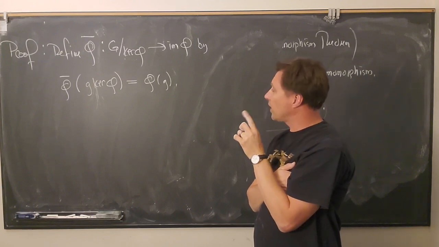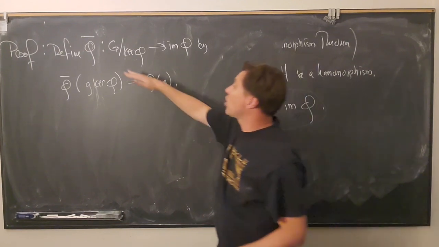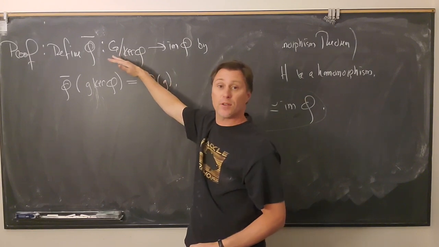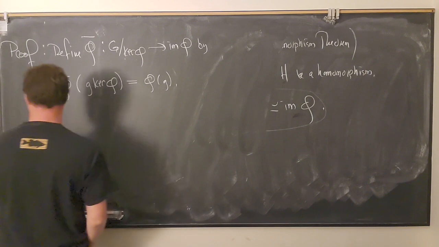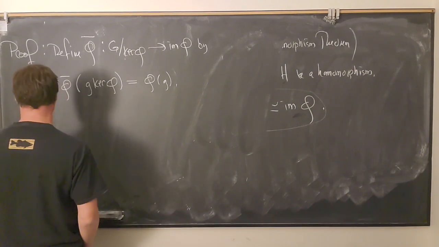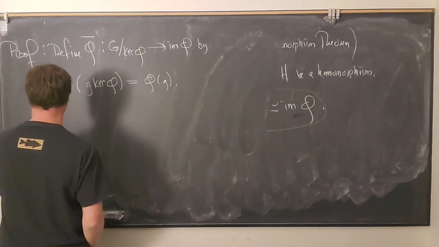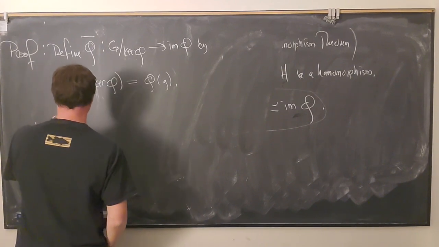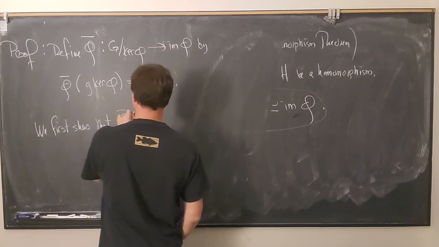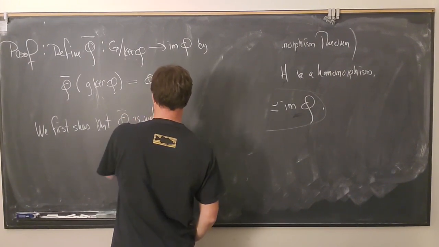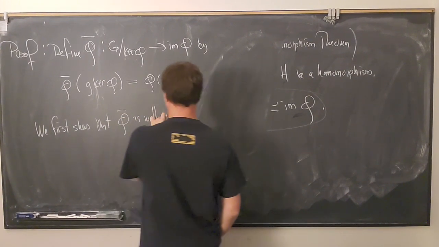Notice that what I've done, I've defined a function where the domain is a set of equivalence classes. The first thing I need to do is show that this is well defined. So we first show that phi bar is well defined.